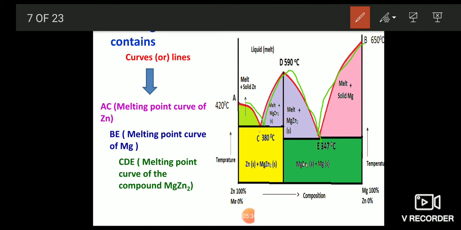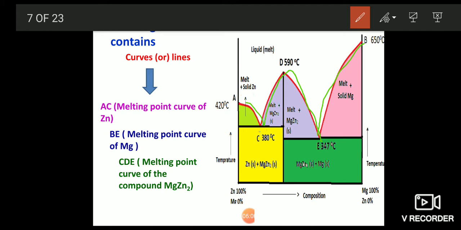So these are the main curves or lines which we have to discuss in later slides. That is AC regarding zinc, BE which is regarding magnesium, and CDE which is regarding compound MgZn2.